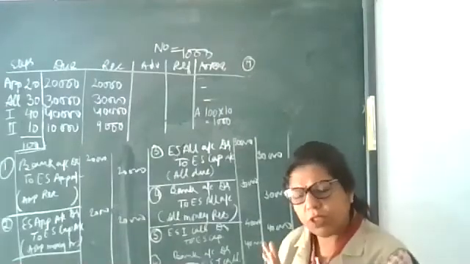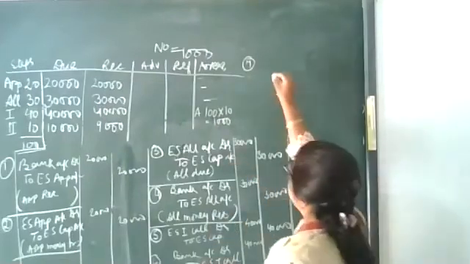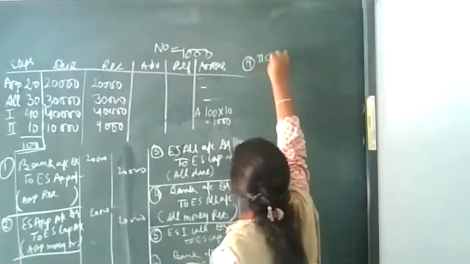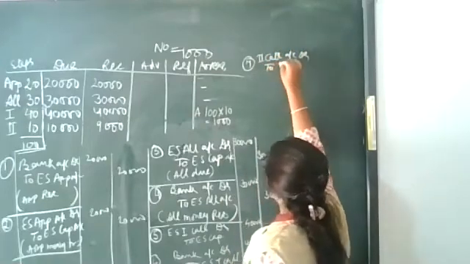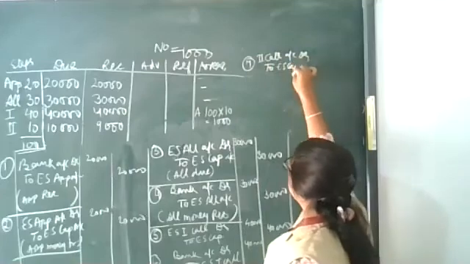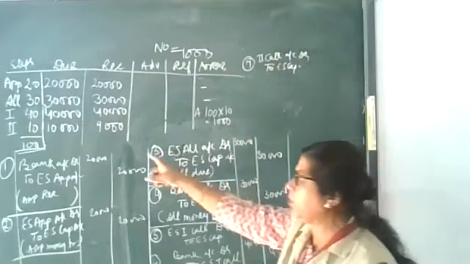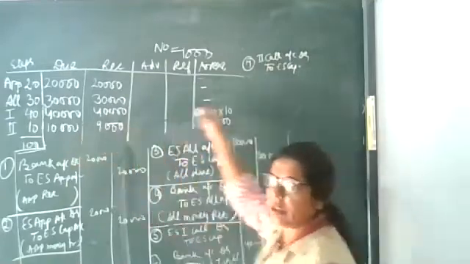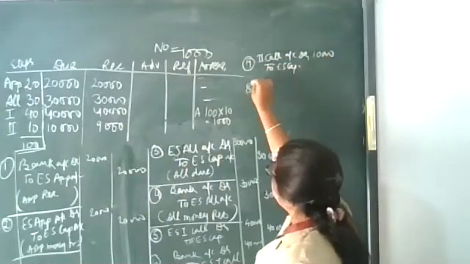Seventh entry: remove the first call. What will you write? Second call debit to capital. In place of first call, put second call. The amount you will also change for second call, that is 10,000.